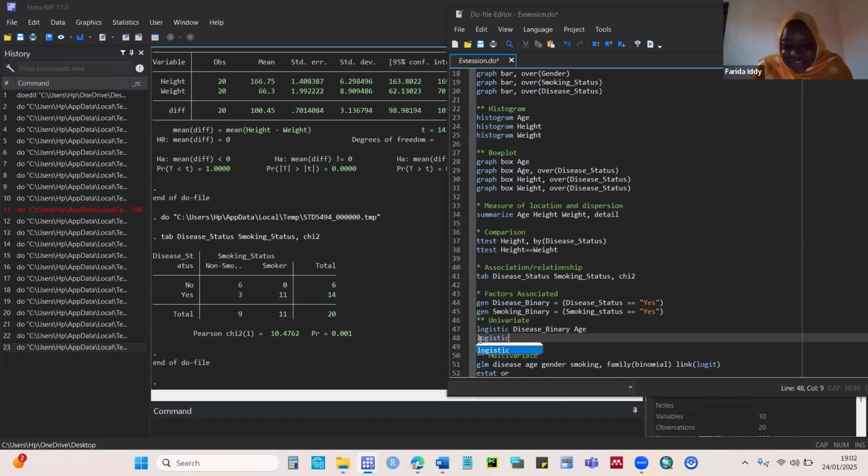So in order to run a logistic, for univariate, that means you are going to add only one variable. So for example, I started with age here.